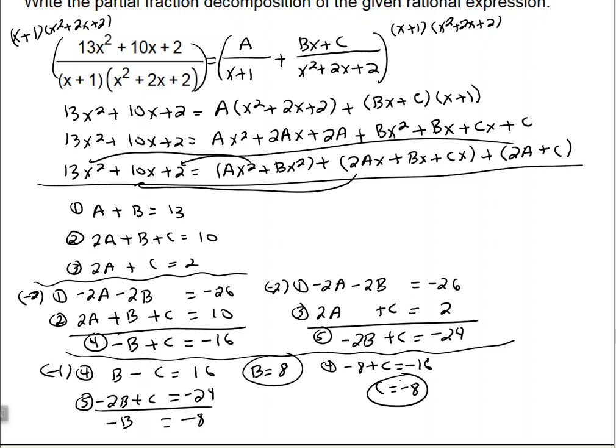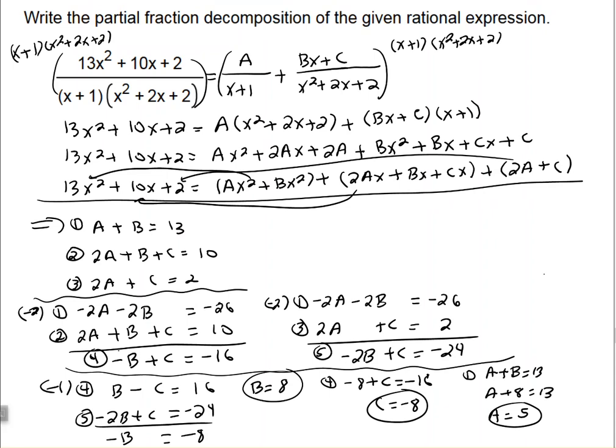So let's go all the way back up to equation 1 here, where we have a plus b equals 13. And we know that b is equal to 8. Subtract 8 from both sides. So a is equal to 5.